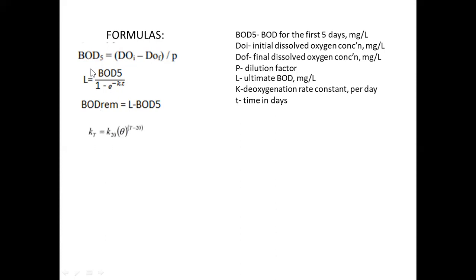The fourth formula is the relationship of the deoxygenation rate constants for different temperatures T and the k at 20 degrees Celsius. Now, kT is equal to k20 times theta raised to T minus 20.